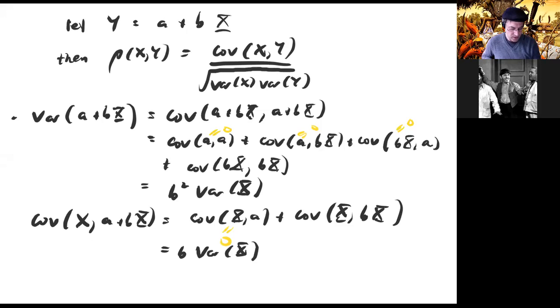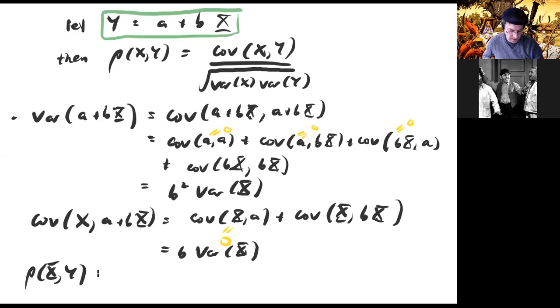Okay, so what is rho of XY? Well, we know what rho of XY is now. So rho of XY, where Y is in the box above, is going to be given by the numerator, which is b squared times the variance of X, and the denominator is the square root. What's in the square root?